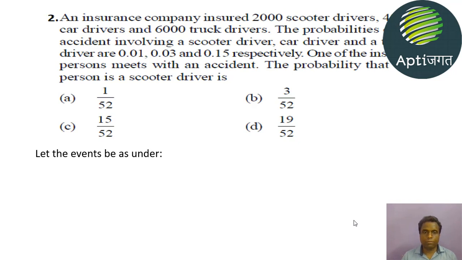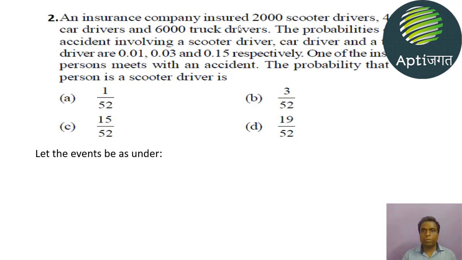See, what is the given data? First, we will analyze the problem, which is from the probability chapter. The number of scooter, car, and truck drivers is given, and we can calculate the total number of drivers by adding the numbers of drivers of the different vehicles.